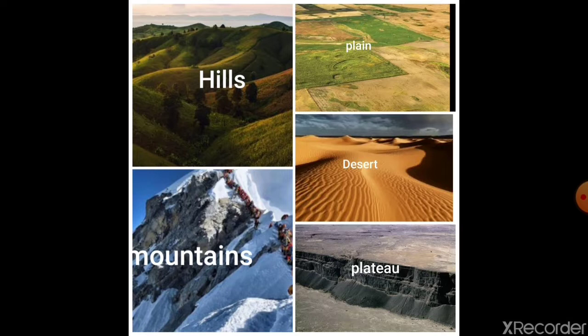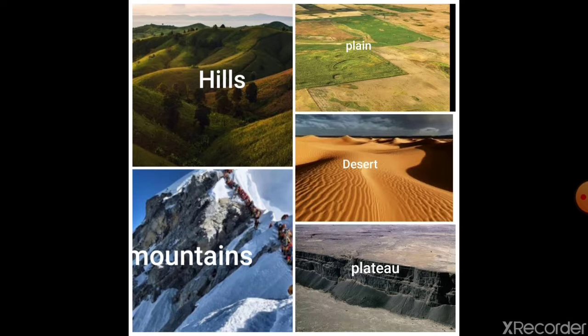Okay, students? Next, plain. Plains are flat lands with gentle slope, with rivers flowing from the mountain, bringing fertile soil to the plain. So, crops grow well here.